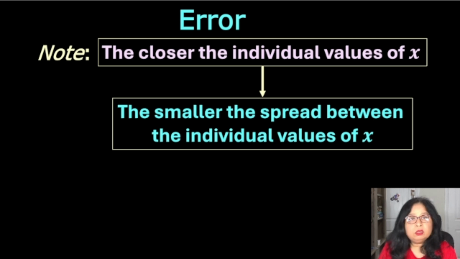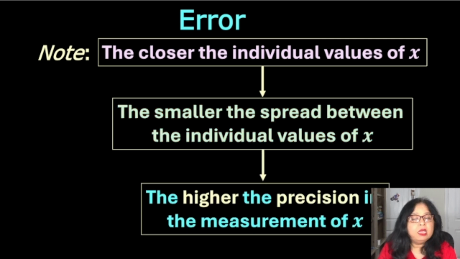The closer the individual values of x are to each other, that is, the smaller the spread between individual values of x, the higher the precision in the measurement of x. Now, the term precision has been defined before in one of my lectures in the same playlist. So if you haven't seen previous lectures in this playlist, I strongly recommend that you do watch those lectures as well.